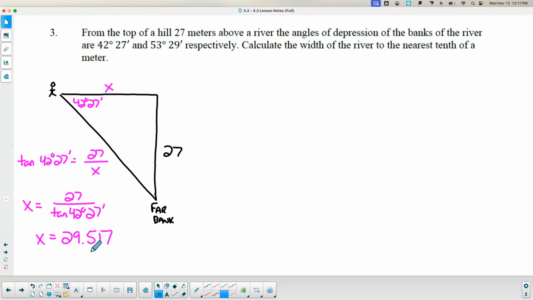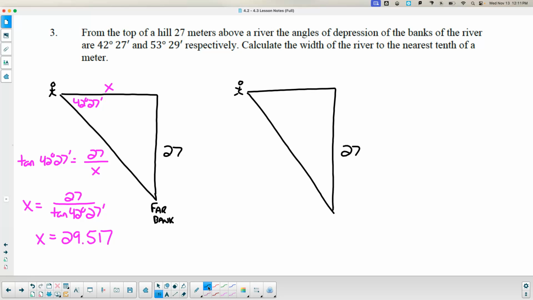Now we've got to make a second triangle. Once again, you're standing there. It's 27 meters there. But this time, now it's 53 degrees, 29 minutes. And you want to find that side, y.